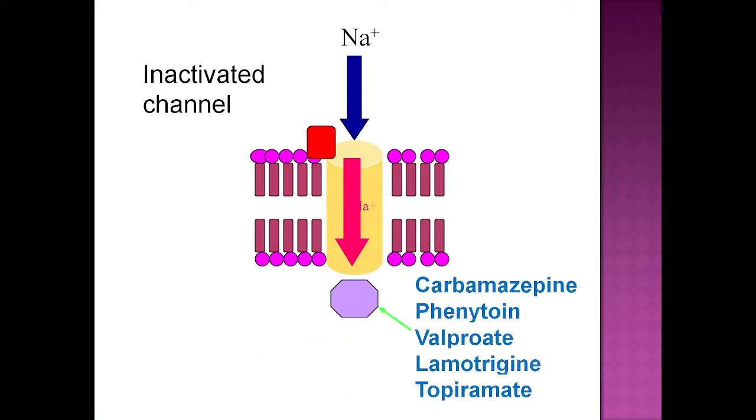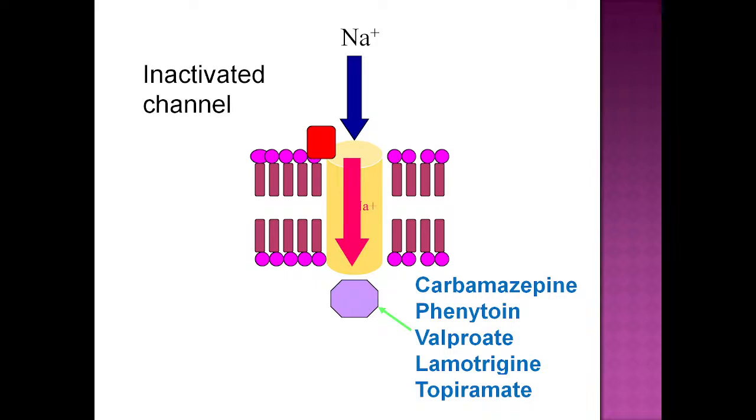So which are these drugs? This is your first introduction to the drugs. You may have heard some of the names. All the classical anti-epileptic drugs, your phenytoin, carbamazepine, valproate, lamotrigine, topiramate, are all acting through blocking or prolonging the inactivated state of sodium channels.